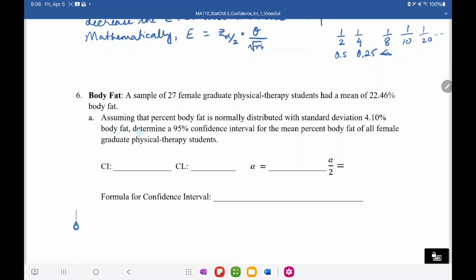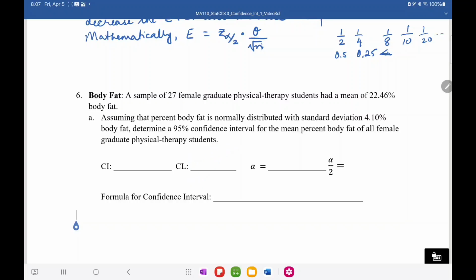Assuming that percent body fat is normally distributed with standard deviation 4.10% body fat, determine a 95% confidence interval for the mean percent body fat of all female graduate physical therapy students. All right. So let's again extract the important information, the data points we need in order to create the confidence interval.